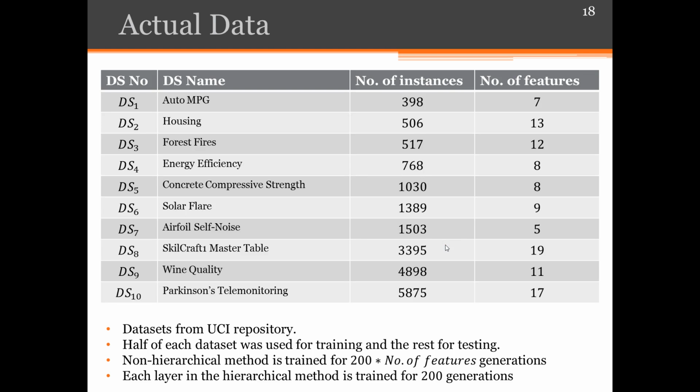The first half has been used for training, the second half has been used for testing. The non-hierarchical method has been trained for 200 times the number of features, and in the hierarchical method each layer has been trained for 200 generations. So again, the amount of training for non-hierarchical and hierarchical method has been the same.